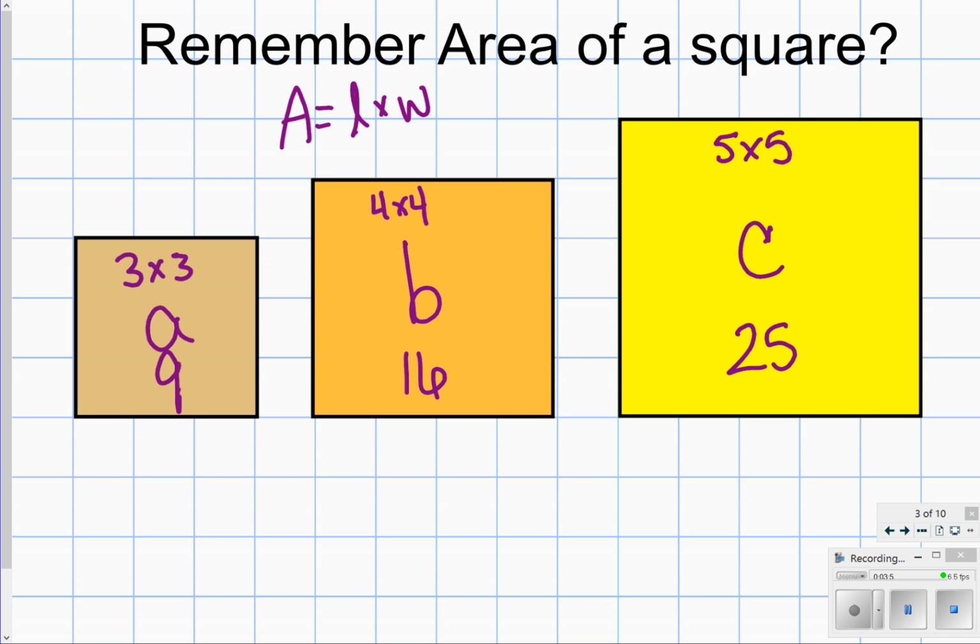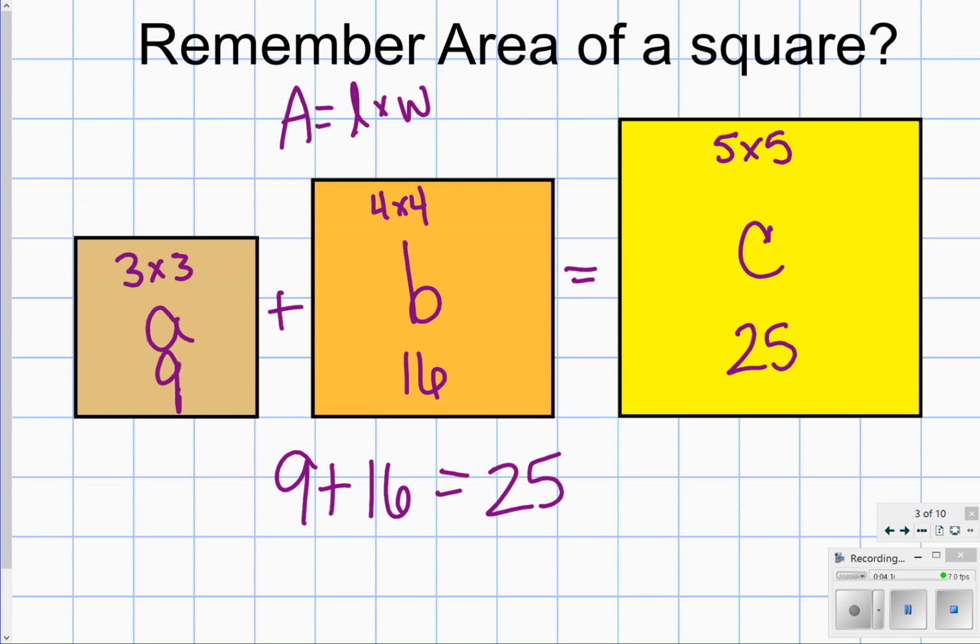And if you could make a connection between these three, we would see that the area of A plus the area of B will equal the area of C, because 9 plus 16 equals 25.